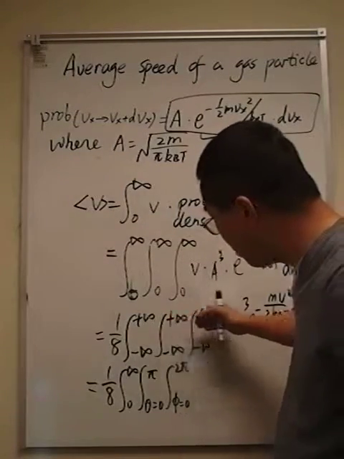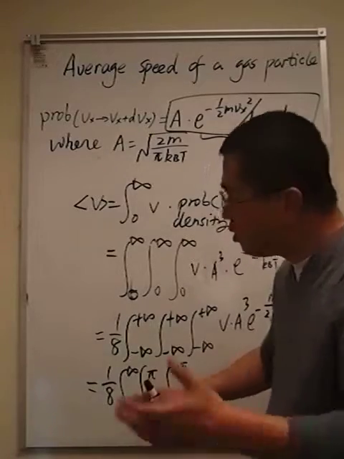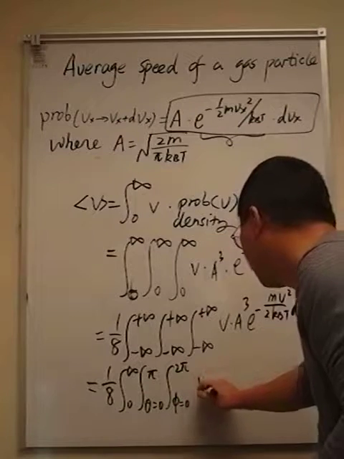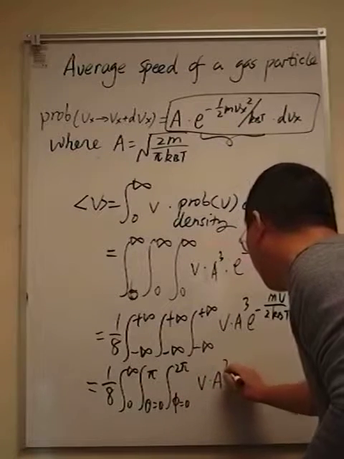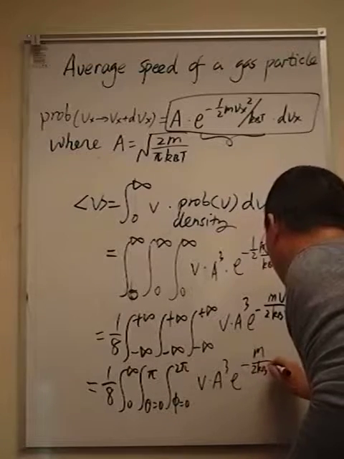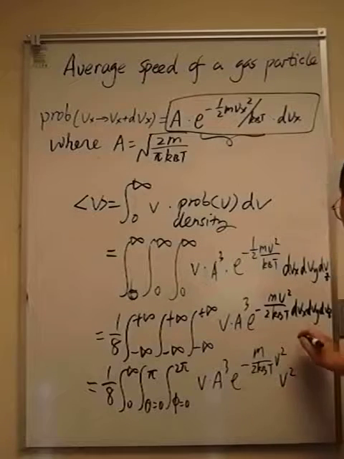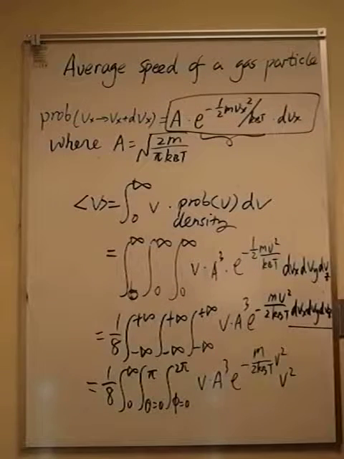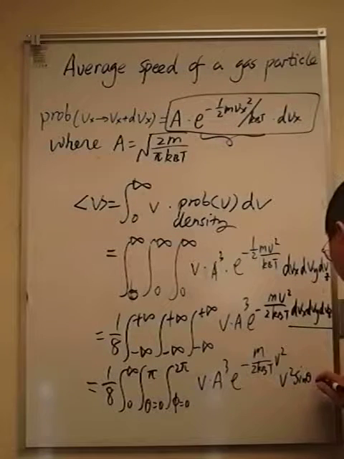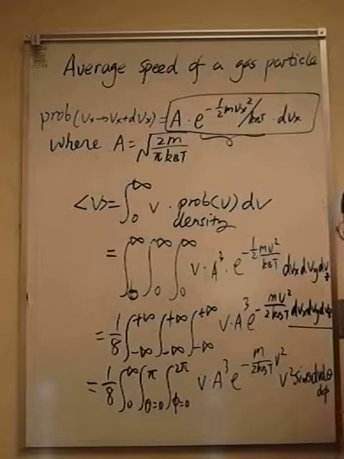So I'm converting the three limits for Vx, Vy, Vz to the limits for R. Well, in this case it's not R, it's V, theta, and phi. Over here, dVx, dVy, dVz, the volume element, is converted to V squared sine theta dV d theta, and I have space for d phi, so I'm going to write it here.